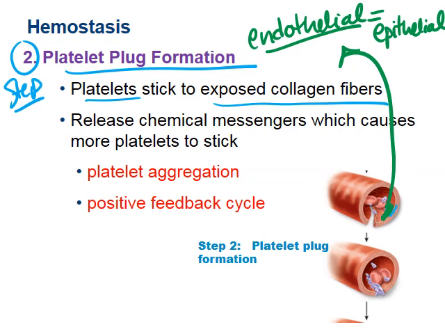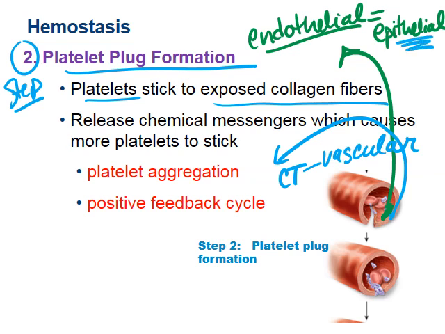Then directly underneath, you're going to have connective tissue. Remember how connective tissue is vascular and it's always found underneath epithelial to supply blood because epithelial is avascular. And then eventually you're going to have smooth muscle. And that smooth muscle is what just caused the vasoconstriction.